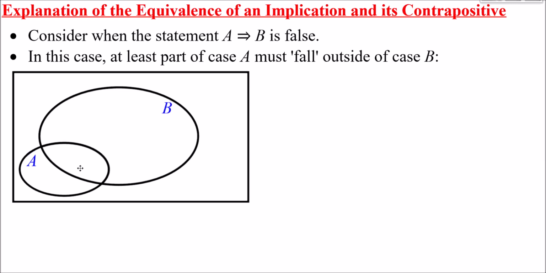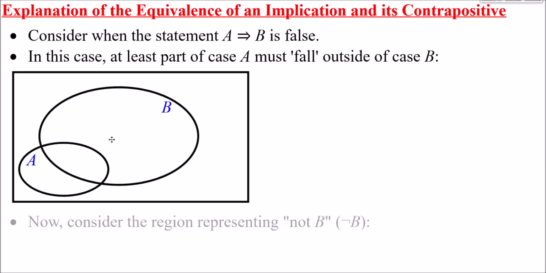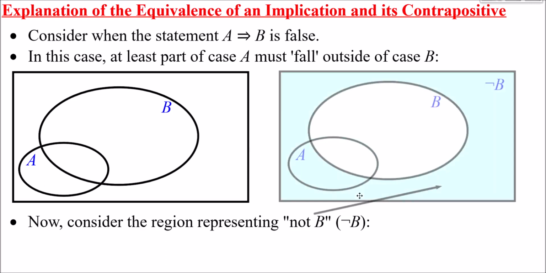So let's just consider this diagram in a bit more depth. Let's consider the region representing not B. So again, if this ellipse is representing B, then not B will be anything outside of this ellipse, but still inside the rectangle, which again I'm colouring in this light blue colour here. So that's not B on the outside.